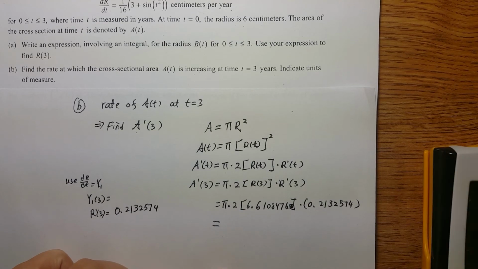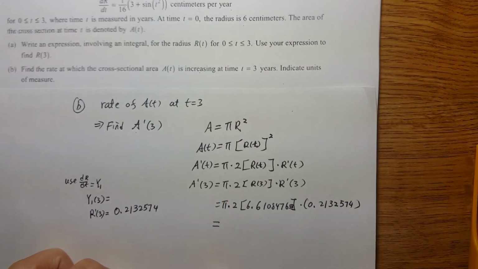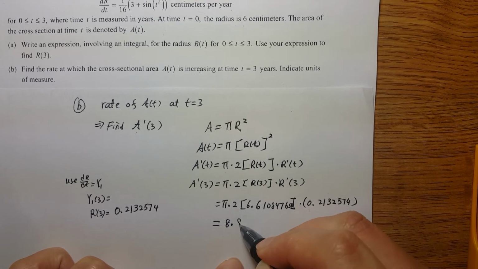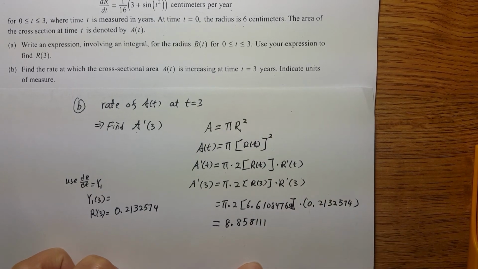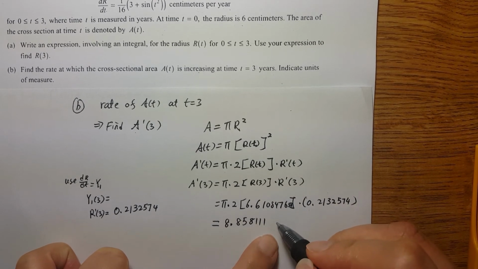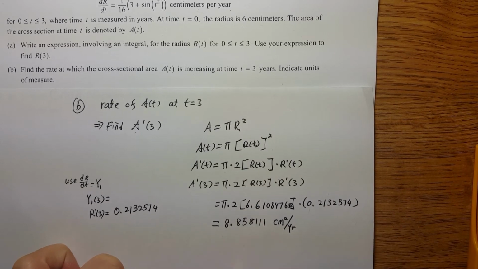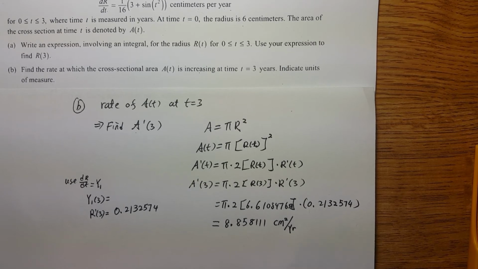So I will get 8.85811. Because this A prime is two-dimensional, the unit should be centimeters squared per time, and the time is year. So we finished question 1B.